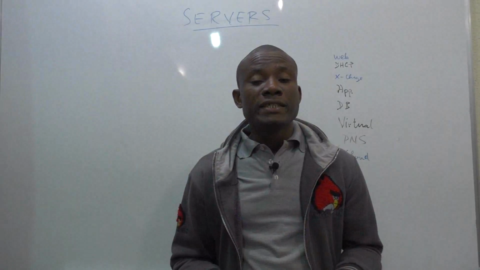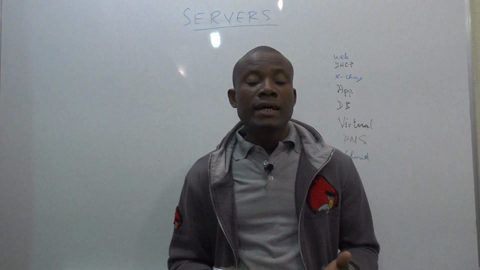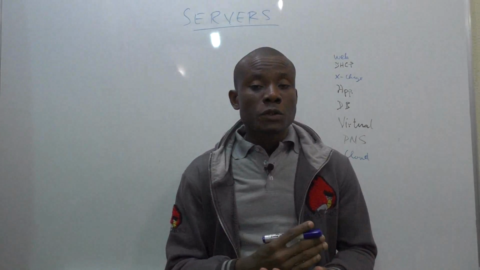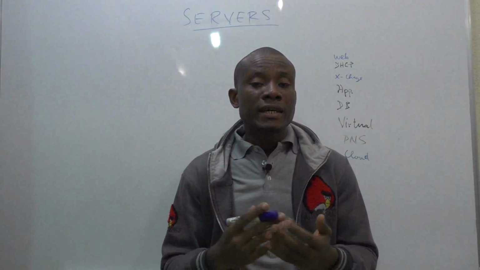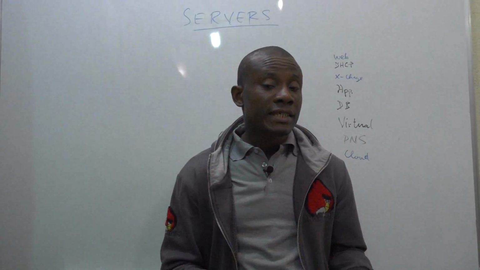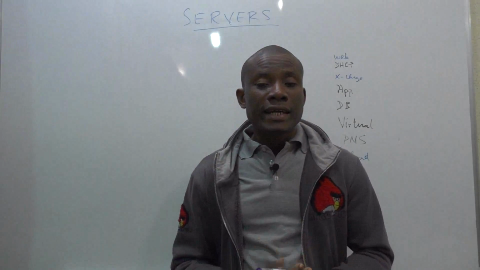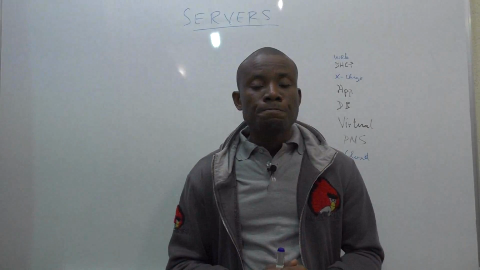So how do we define a server? A server is either software or hardware, or a combination of software and hardware, that provides information or other services to other computers. So that is how the client-server architecture works.